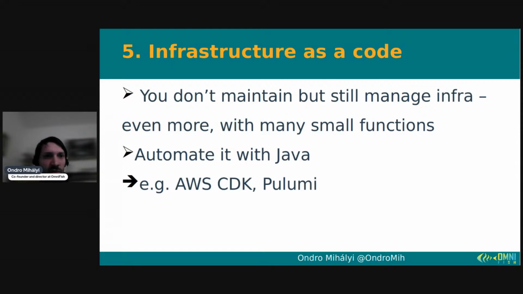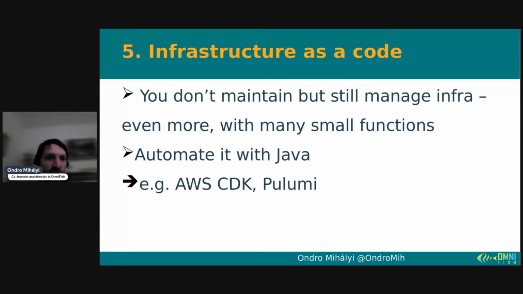Then one other hack, which is not so much about optimization, but about deployment of functions, is that you can automate the infrastructure code also with Java. You can do it in different ways. Outside of Java, there's CloudFormation.